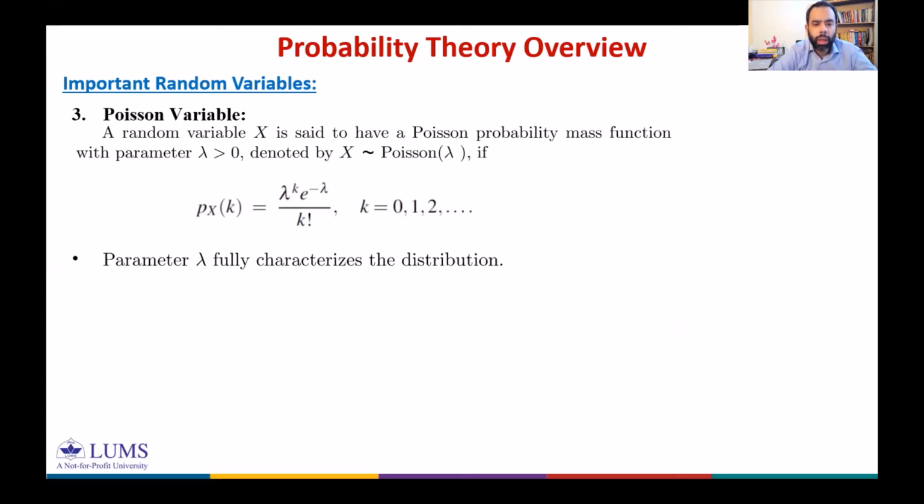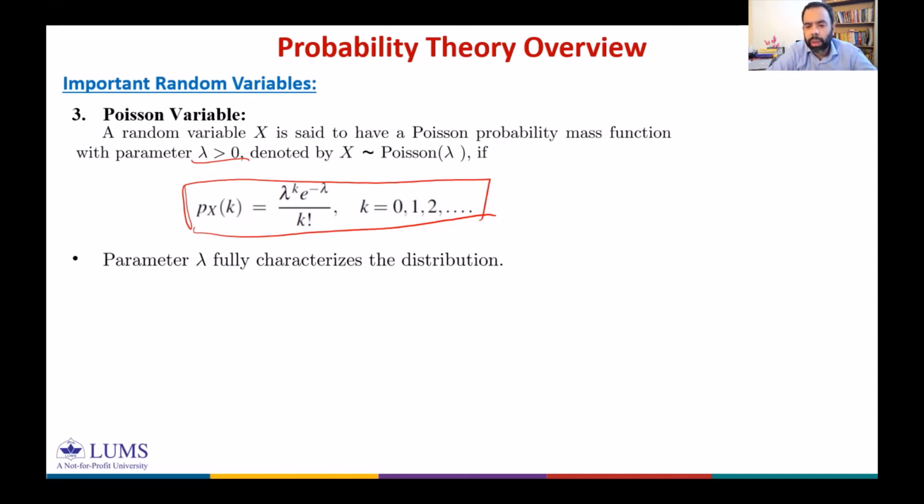We also note a Poisson discrete random variable. A random variable x is said to have a Poisson PMF, defined by parameter lambda, if it satisfies this definition of probability mass function. So this PMF is characterized by a variable lambda. And we use Poisson random variable to model uncertainties in many physical phenomena.